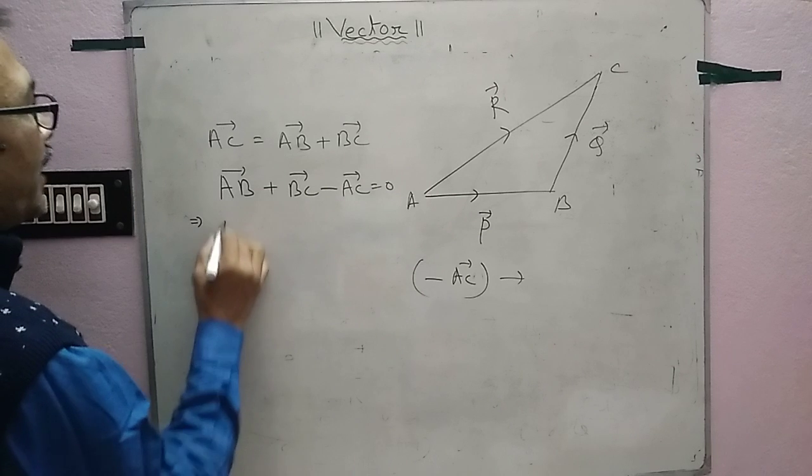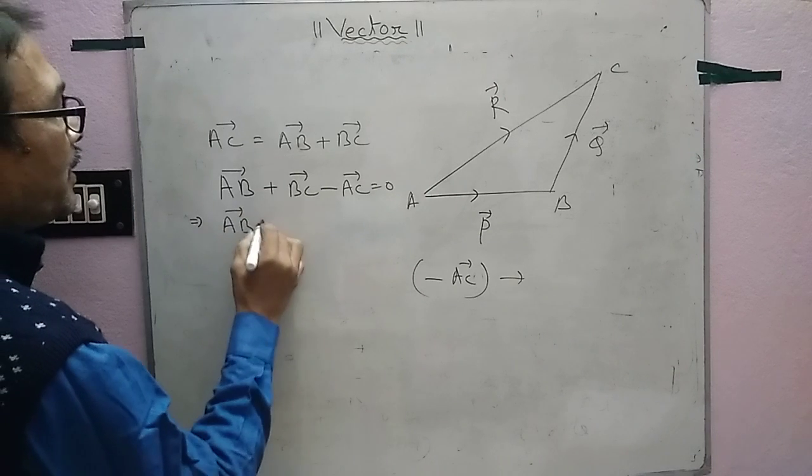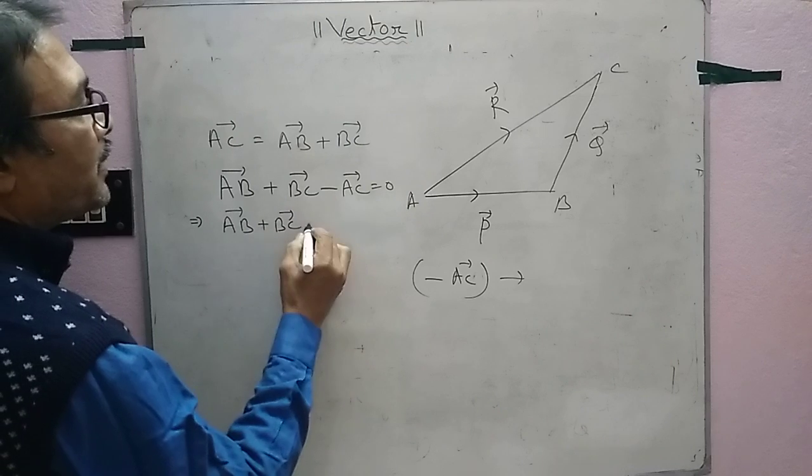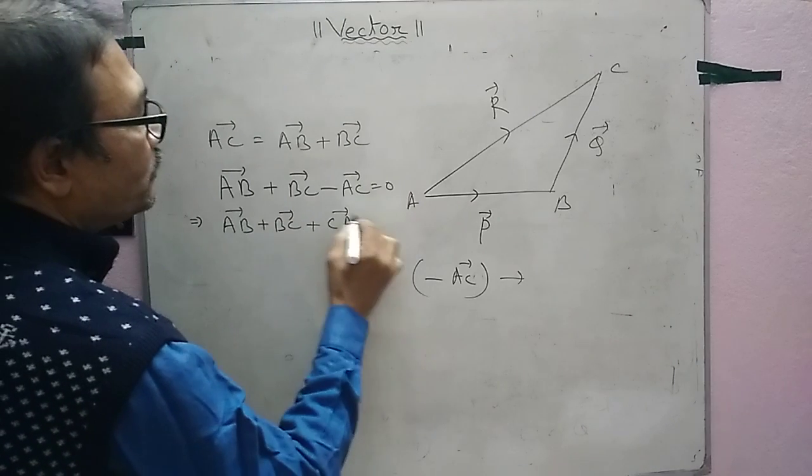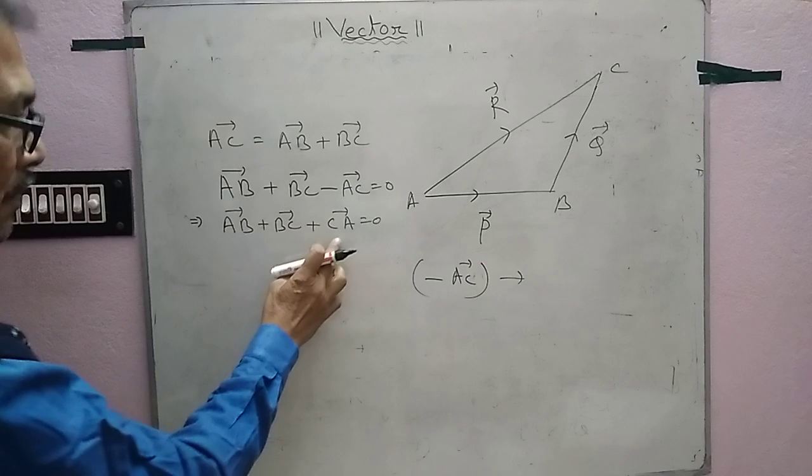So we can write AB vector plus BC vector plus CA. Minus AC means CA.